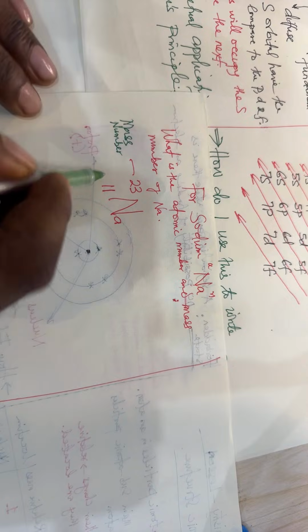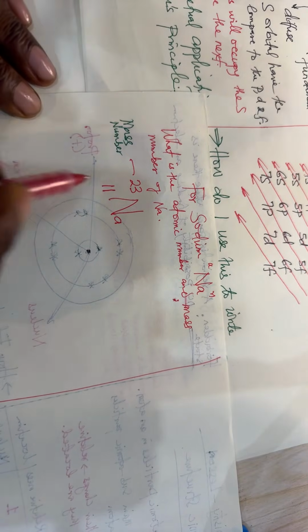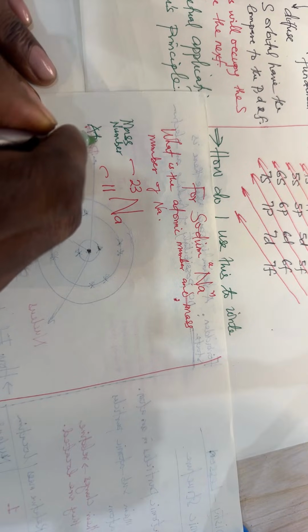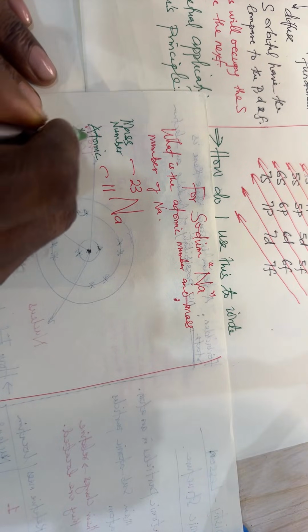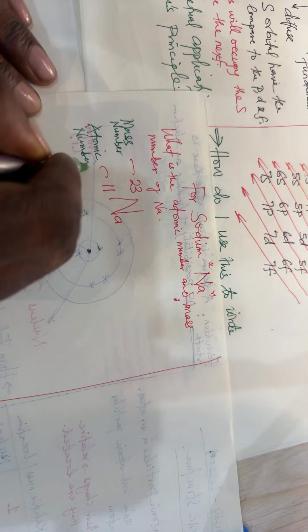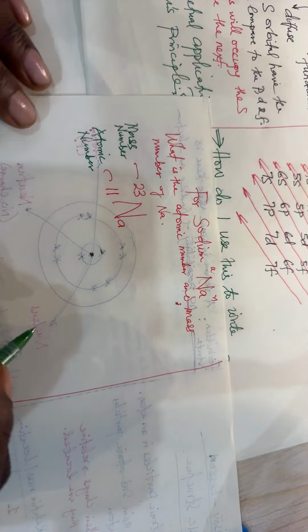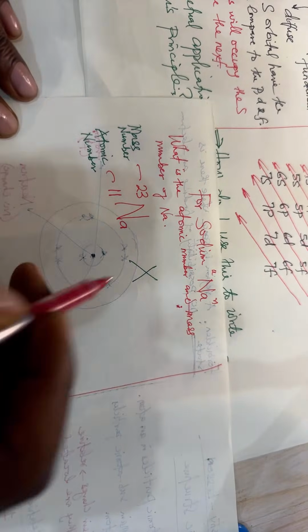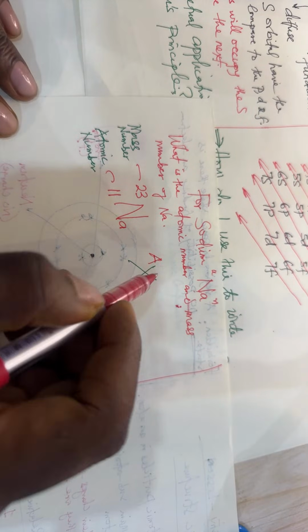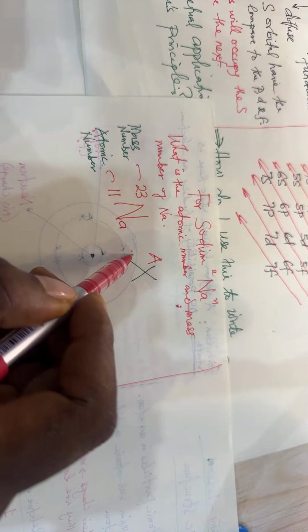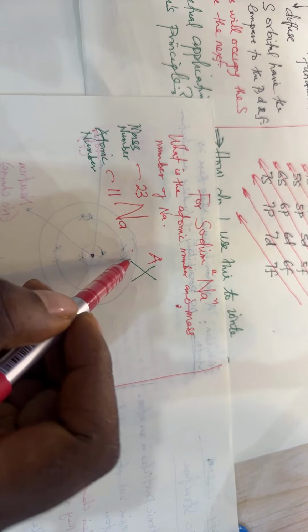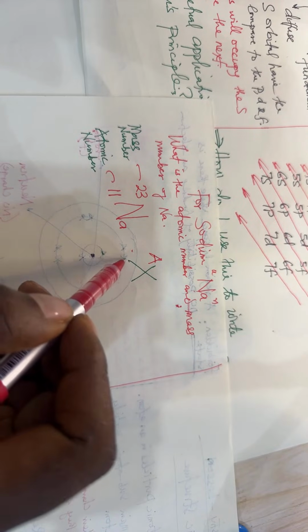And this one here is what we refer to as the atomic number. You probably must have seen something like this. Is it A that is in this position, or A in this particular position? And what is here?